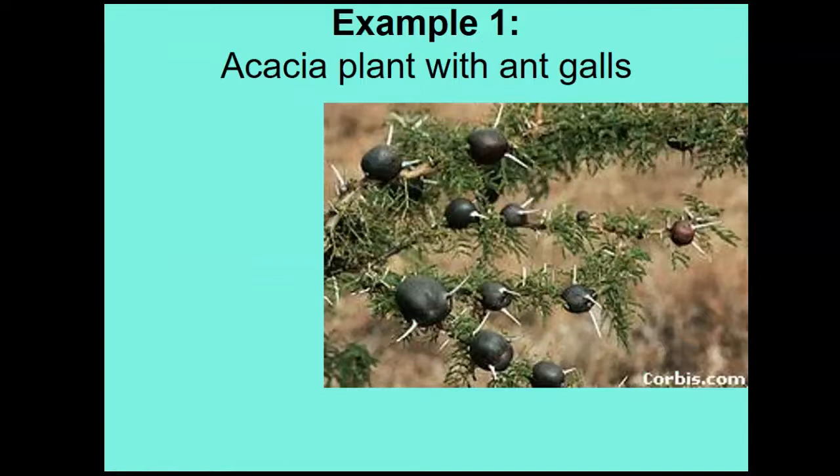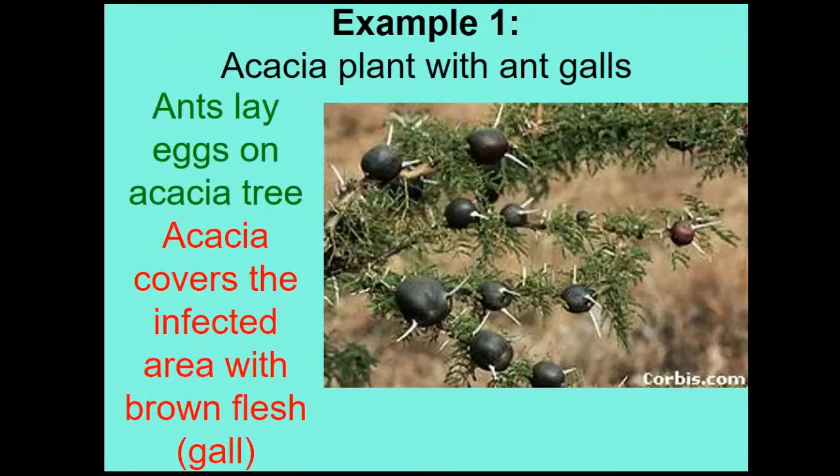So here are some examples of symbiosis. The first example would be an acacia plant with ant galls. You can see these ant galls right here. What happens is the ants drill a hole and lay their eggs in the branch of this acacia tree.